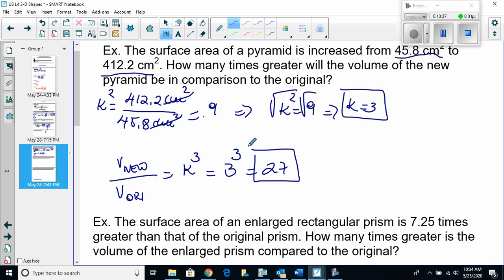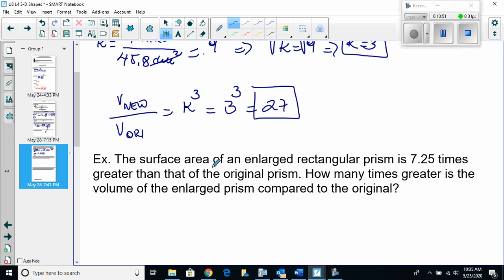So the volume of the new pyramid in comparison to the original pyramid will be 27 times larger. So if the original volume is 50, then the new will be 27 times 50.